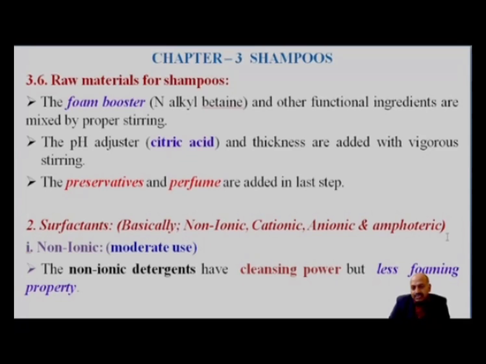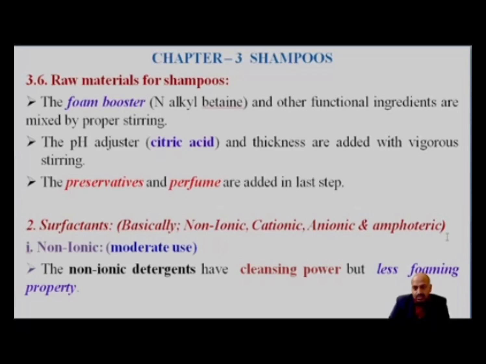The second ingredient is surfactants. Surfactants basically used in shampoo manufacturing are non-ionic, cationic, anionic and amphoteric surfactants. Coming to the non-ionic surfactants, they are of moderate use because non-ionic detergents have cleansing power but less foaming property.